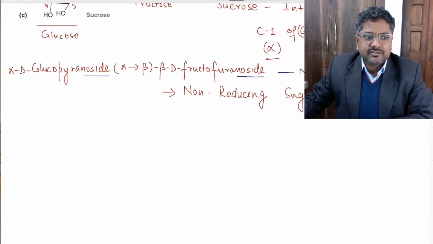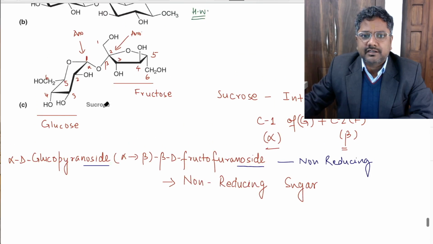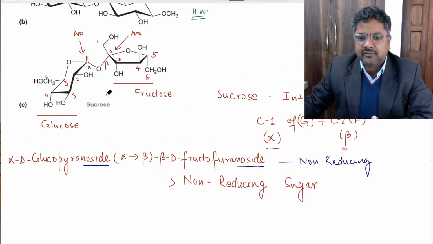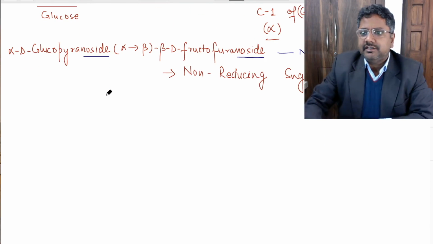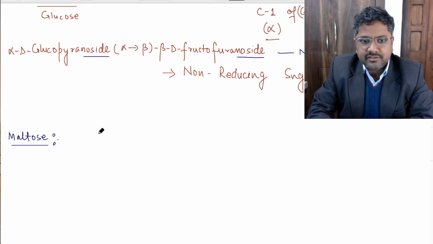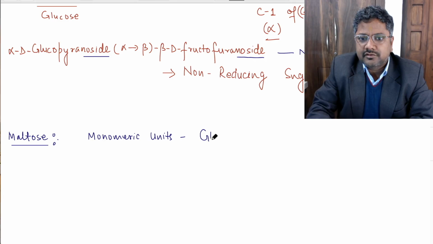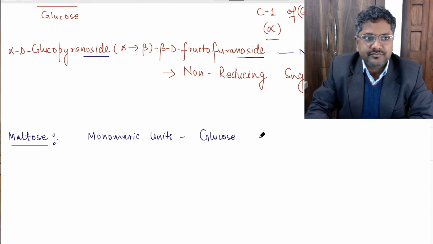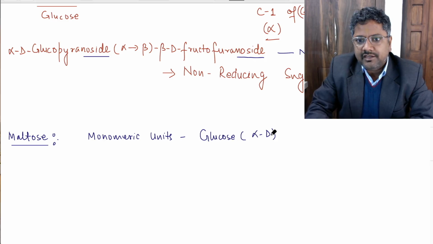So in your syllabus, two more structures are there. The sucrose structure is there, so you can copy this structure from here as well. I am not going to rewrite this structure. Now maltose. Now see the maltose. Maltose is made up of two glucose monomeric units, which anomer, alpha D, right?